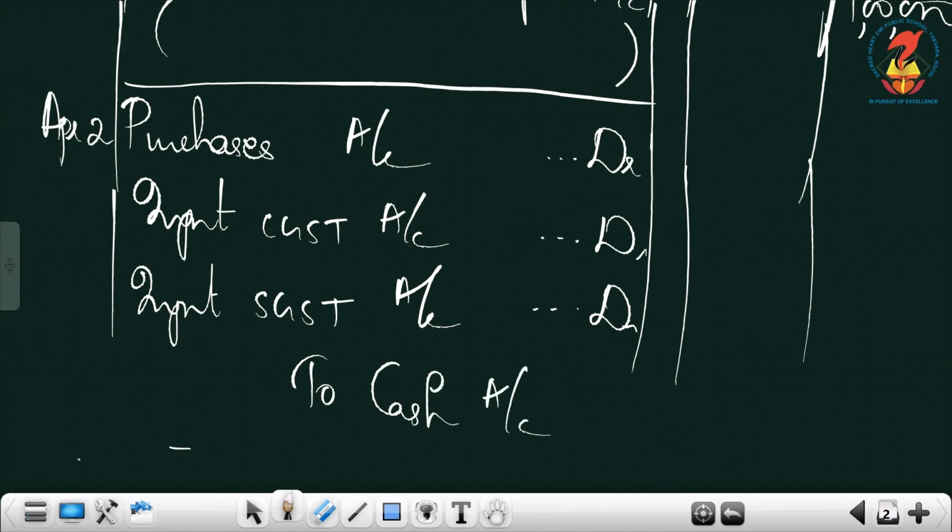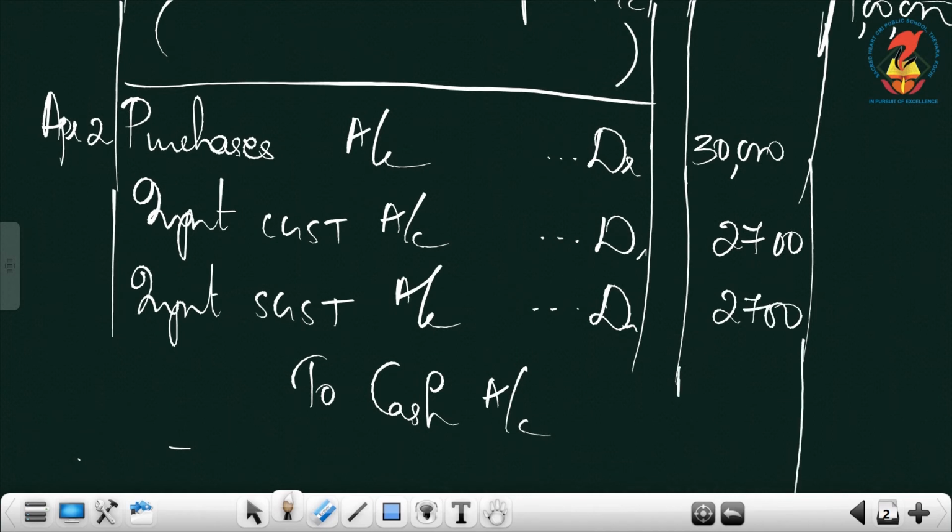The goods purchased is for 30,000. So you write here purchases 30,000. Then 9% you compute on this 30,000. So 2,700 each. So altogether you can write 35,400 on the credit side.